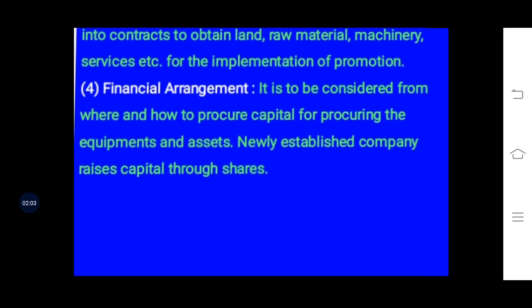And then the implementation of the idea is made, and finally for the implementation, the financial arrangements are made by the promoter. So in this way, the promoter looks after every aspect of the company before its commencement.